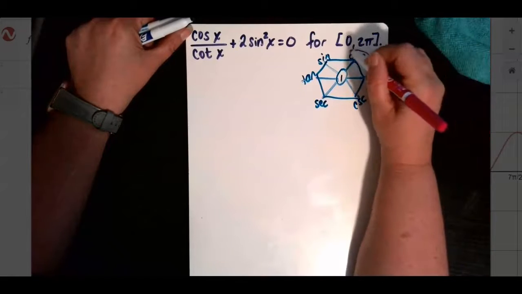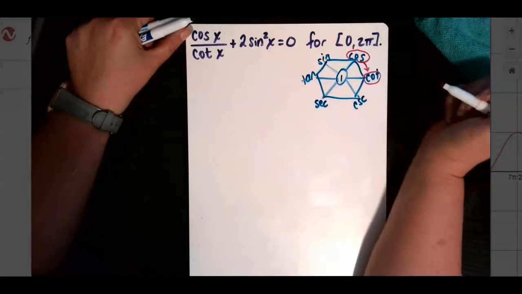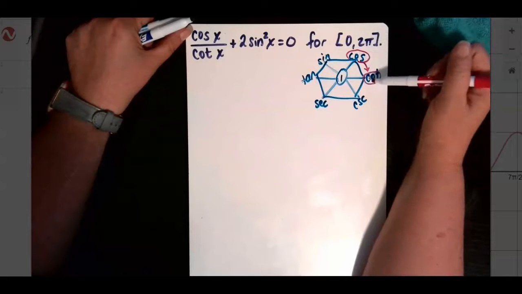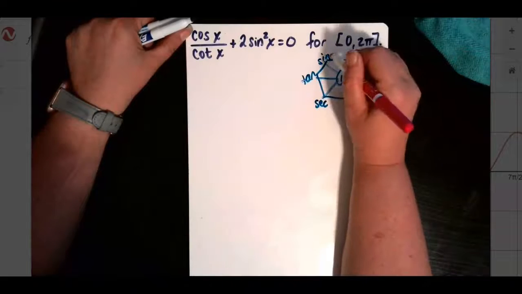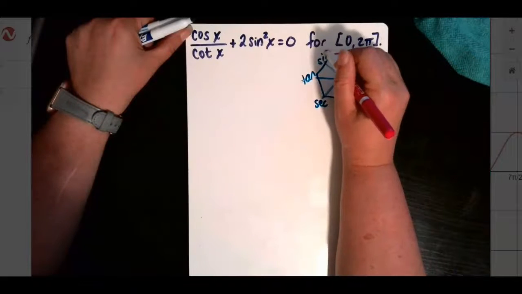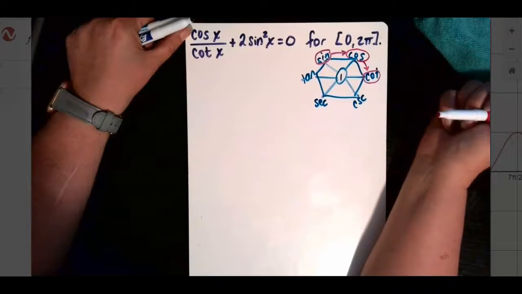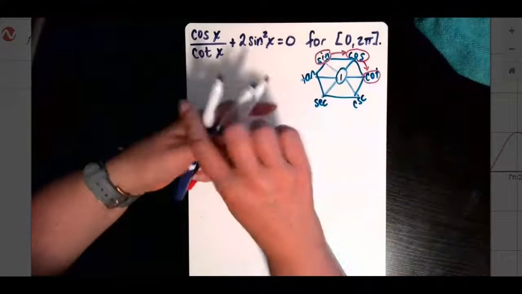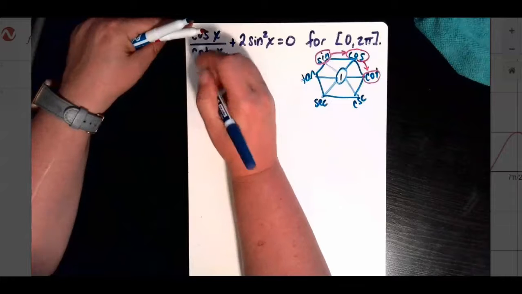So here's cosine in the numerator and cotangent in the denominator, and if you recall, two consecutive vertices do make a quotient of the one ahead of it. So the sine is equal to the cosine divided by the cotangent. So that means we can replace cosine divided by cotangent with the sine.